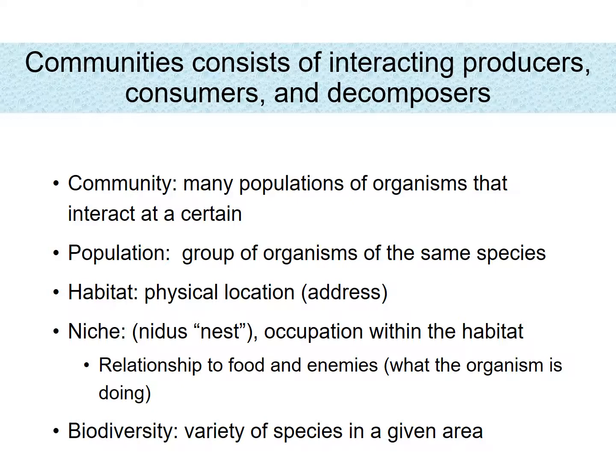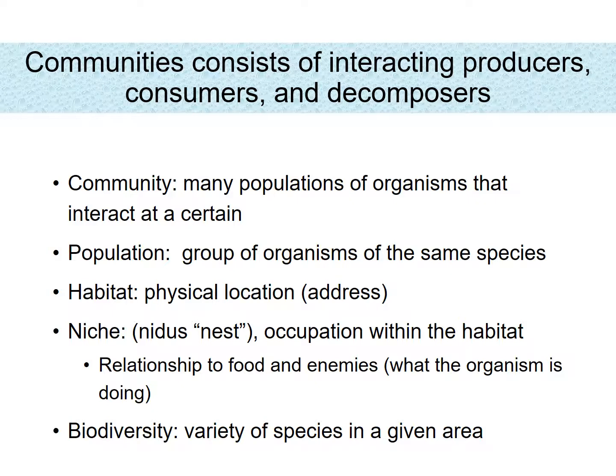The habitat is the physical location, and niche, which comes from nidus, nest, is the occupation within the habitat, like the relationship to food or enemies. This is basically what the organism is doing.